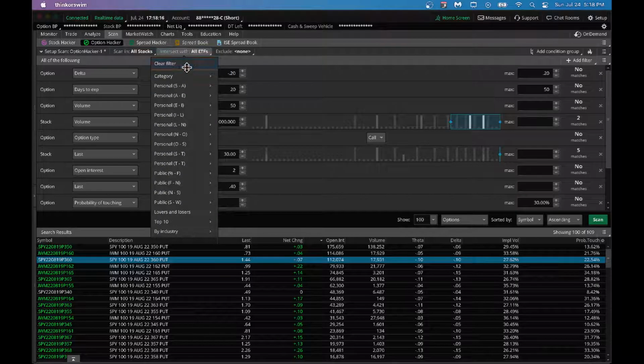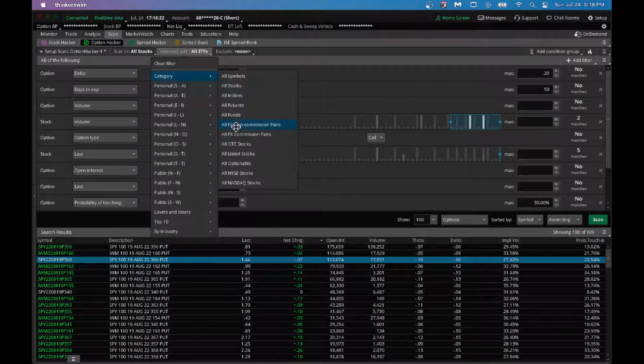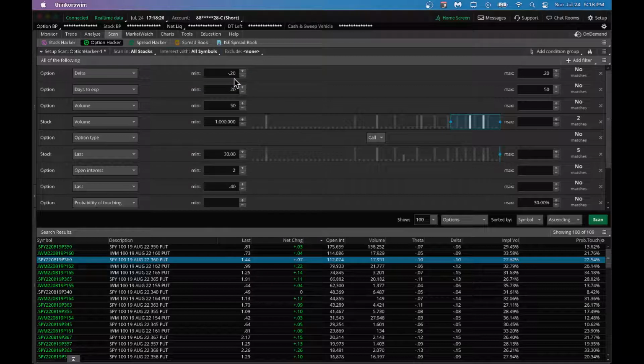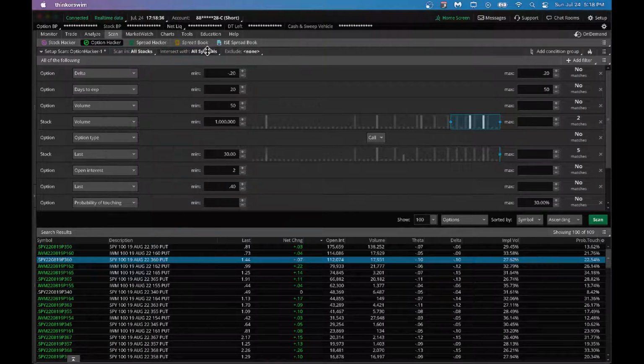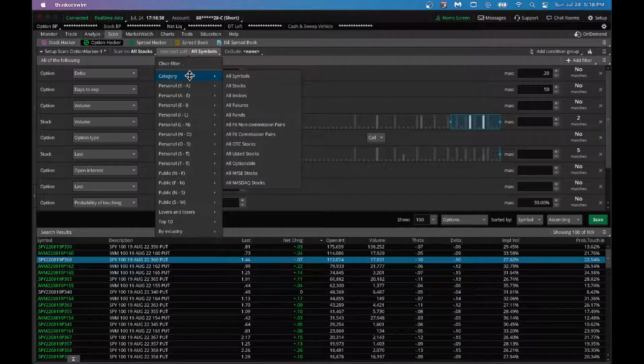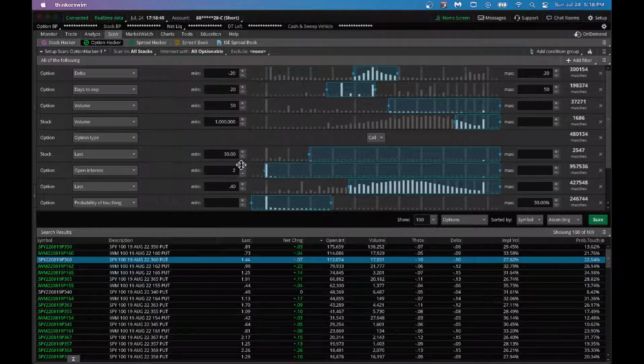I would change this to intersect with all optionable here. All right, so we got all stocks here, and you could say all optionable, or keep it all stock, that's fine. Intersect with the all optionable. There you go. Now we got all stocks all optionable.